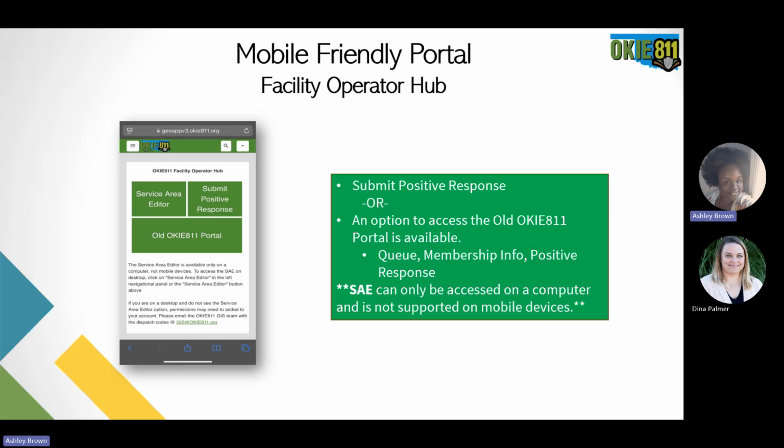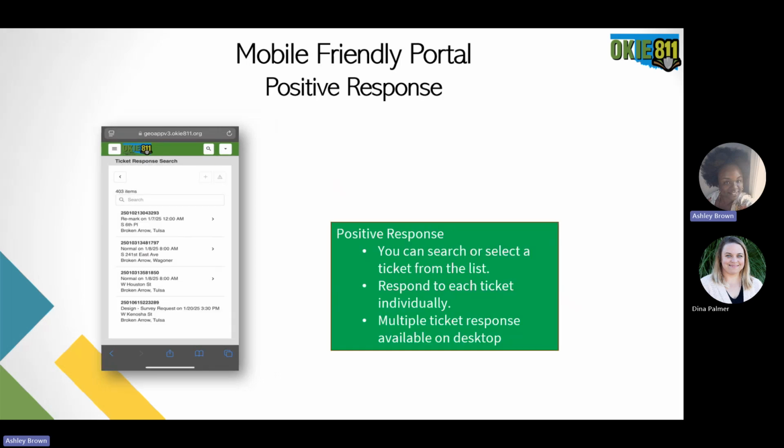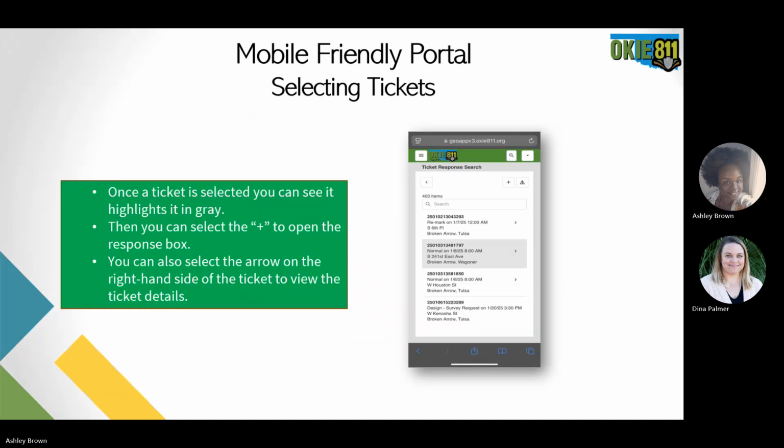You can also submit a positive response. For a positive response, you can either search for a specific ticket or just select one from the list. Currently, you are only able to respond to tickets one at a time when you are on the mobile version of the portal.